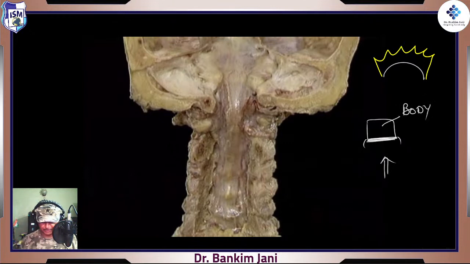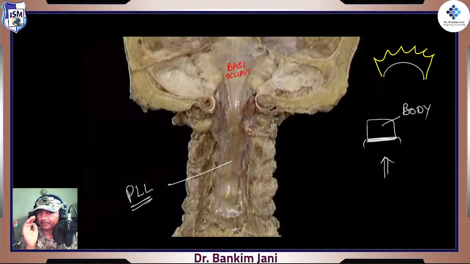And this one is the posterior longitudinal ligament. So far it is fine, but see its highest part, the part which is going all the way up to the basi-occiput, because once again, this is the foramen magnum. So that means this is the basi-occiput, and the posterior longitudinal ligament is going all the way up to the basi-occiput.